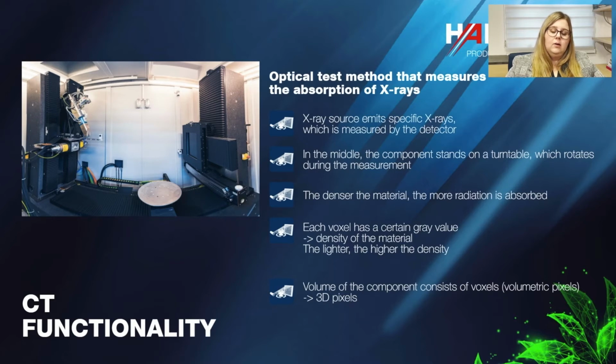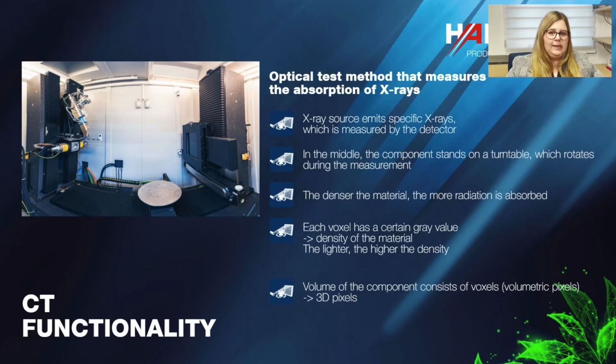The computer can then reconstruct this into a three-dimensional volume. So we have the entire component. The denser the material, the more radiation is absorbed. In computer tomography, we always speak about voxels.